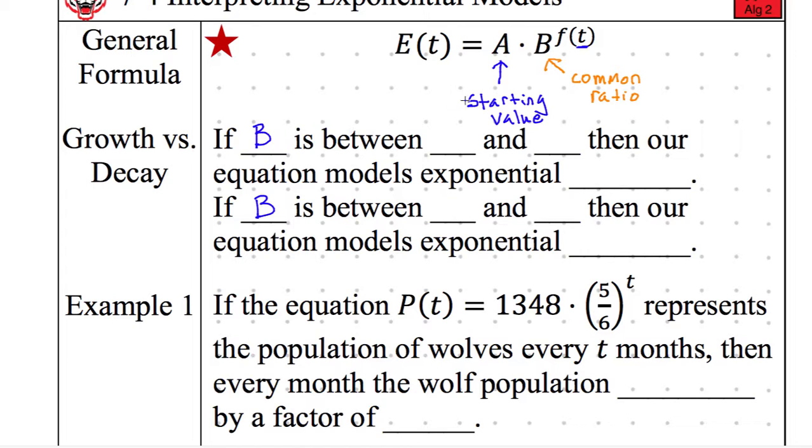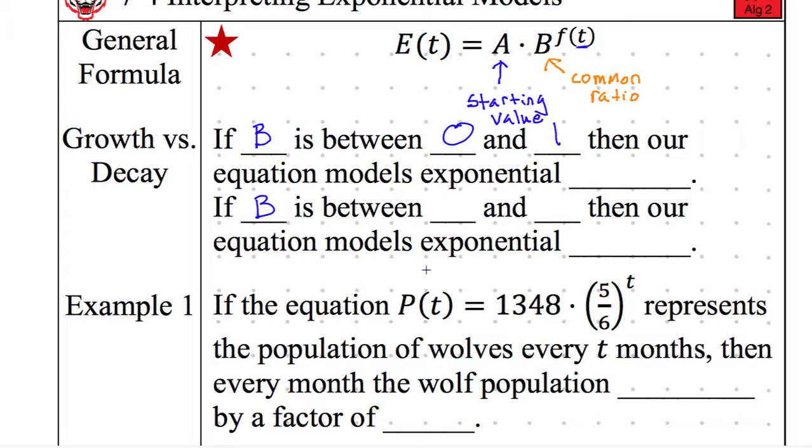All right. So, if our capital B is between 0 and 1, so I'm talking about fractions here. Technically, you can have a fraction that's bigger than 1, like 4/3, but usually the stereotypical fraction is like 1/3, 1/2, 1/7. If you have a fraction or something between 0 and 1, that is exponential, what would you guess?